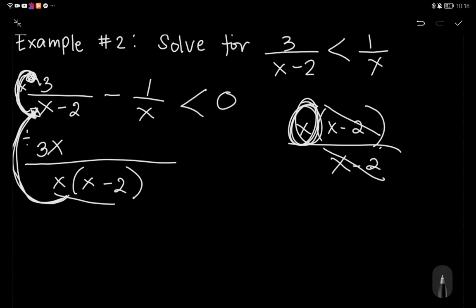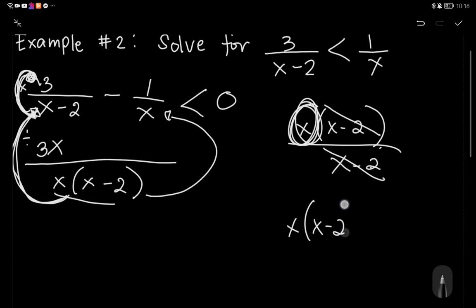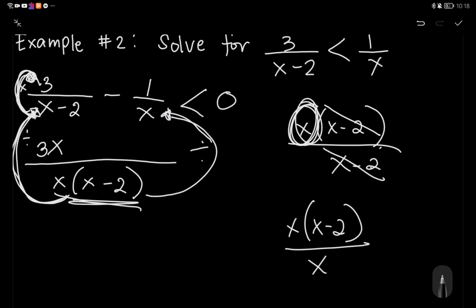Now, dire na po tanga side, mag-divide. x times x minus 2 divided by x. Only ang similar or common factors sa numerator and denominator is only x. So, walaon si x. Ang nabilin si x minus 2.